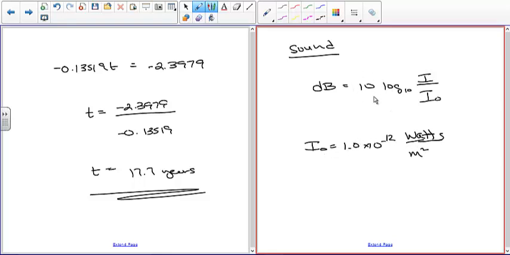And so we might have the sound level in decibels and then have to calculate what the actual sound intensity is. Now, if you're given I, it's just a matter of evaluating this logarithmic expression.